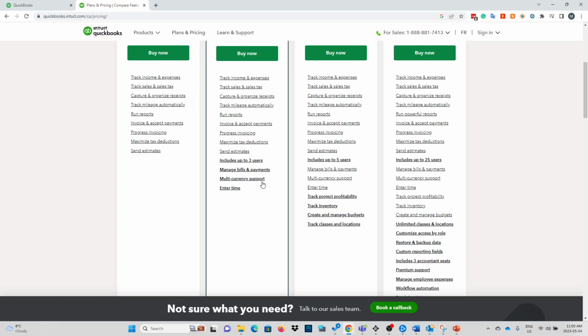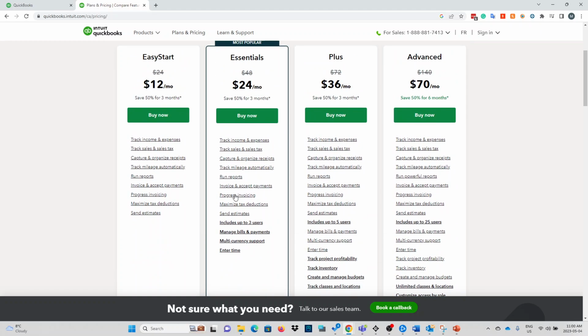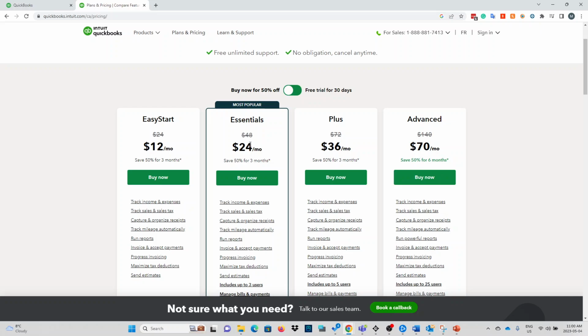The bill comes in, you put the bill in. The bill is due 30 days later, and 30 days later, you pay the bill and then you record the payment in QBO. That feature will only be available in Essentials. So I would say Easy Start is only for you to basically play around. Most businesses that are growing will need the Essentials plan.